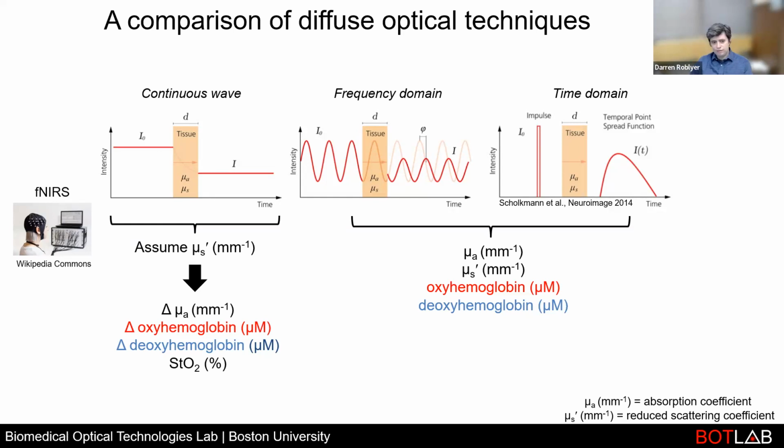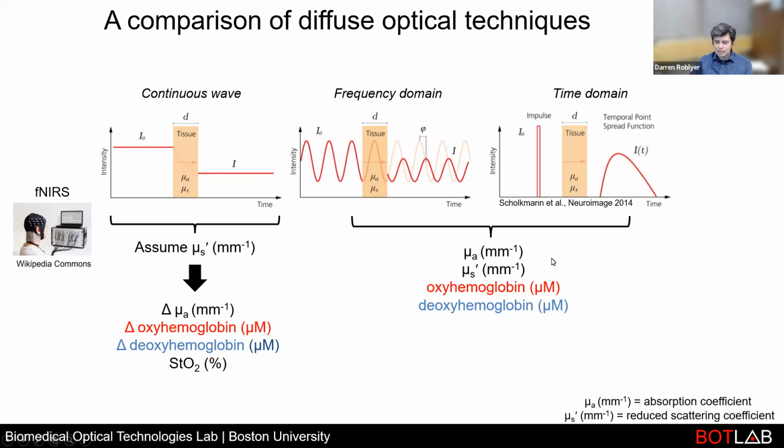So here we don't have enough information to separate or measure independently absorption and scattering. So what groups do is they can assume a mu-S prime that's based on the part of the body they're measuring. And when you do that, you can either get absolute or changes in mu-A, and done at multiple wavelengths, one can extract oxy and deoxyhemoglobin or oxygen saturation.